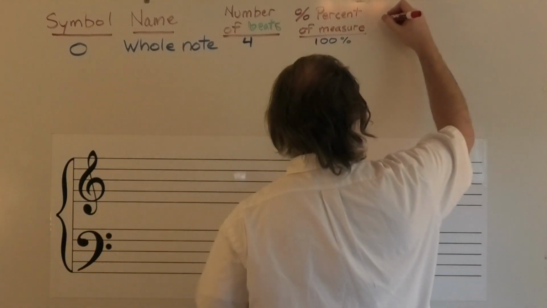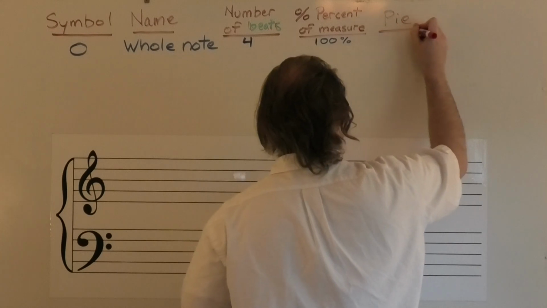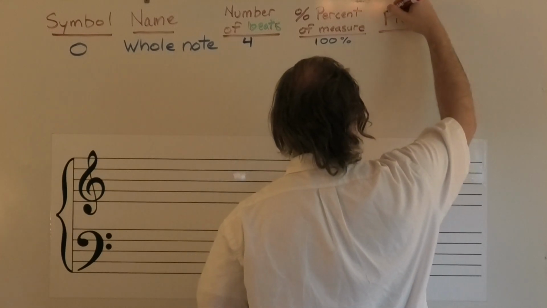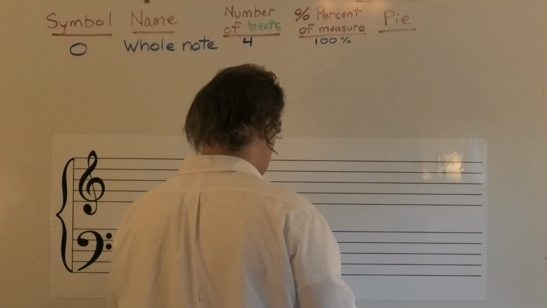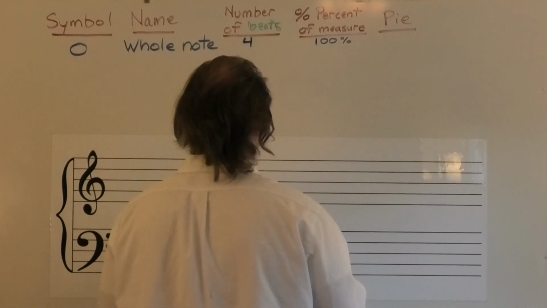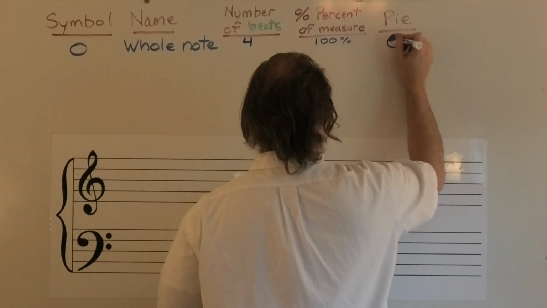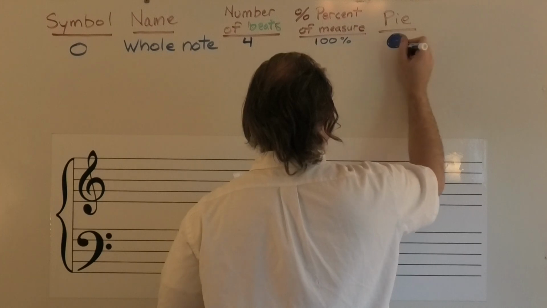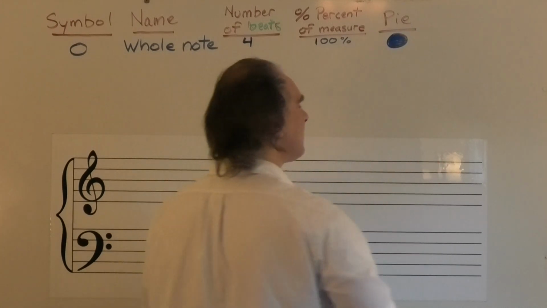Then we'll draw a pie to show the percent of measure. And we'll shade in the amount of the pie that it gets. Then we have the rest.